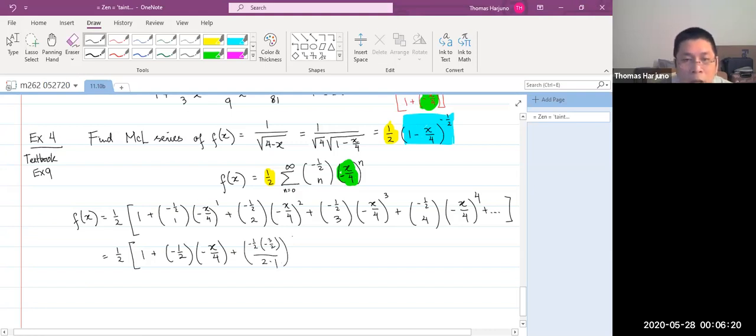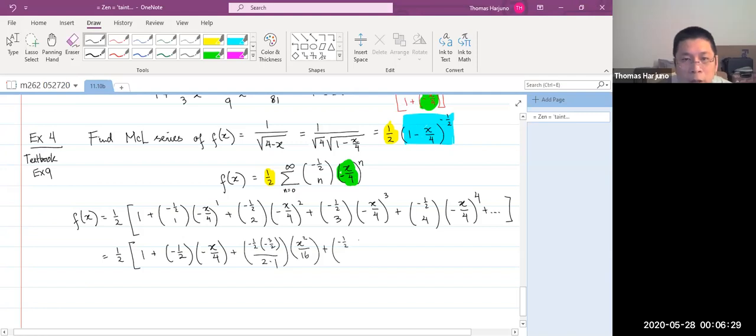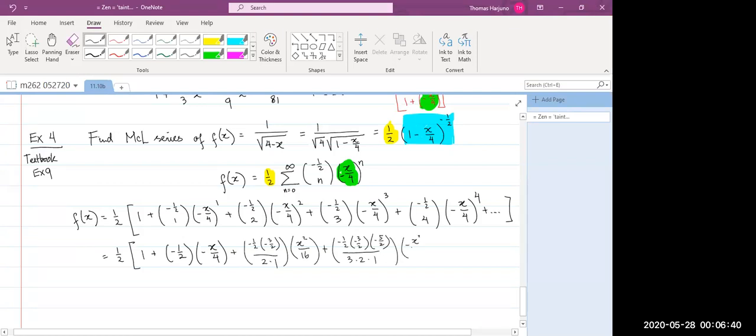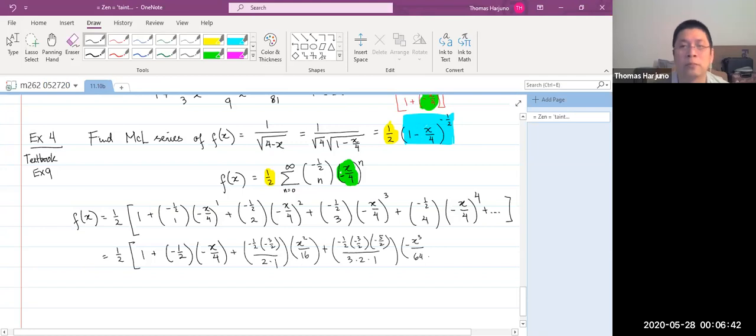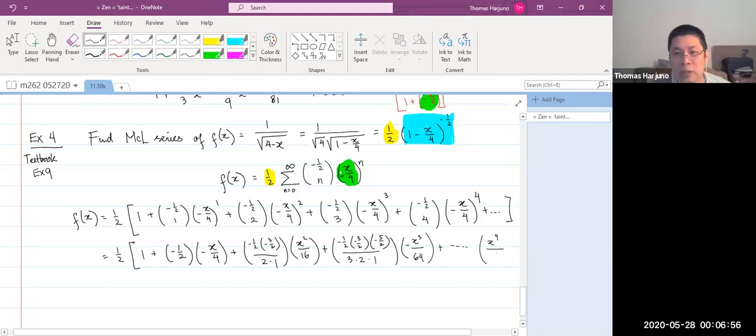And then I get x squared over 16 plus negative 1/2 times negative 3/2 times negative 5/2 over 3 factorial, negative x cubed over 64, plus blah blah blah times x to the 4 over, this is 64 times what? 256.